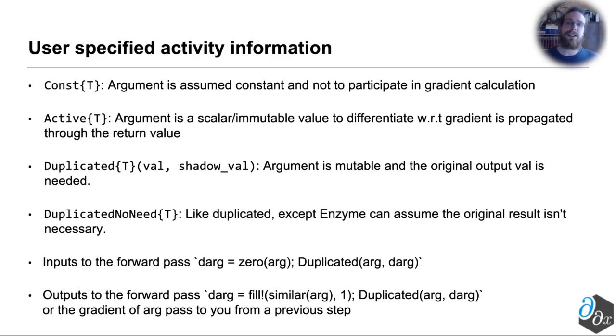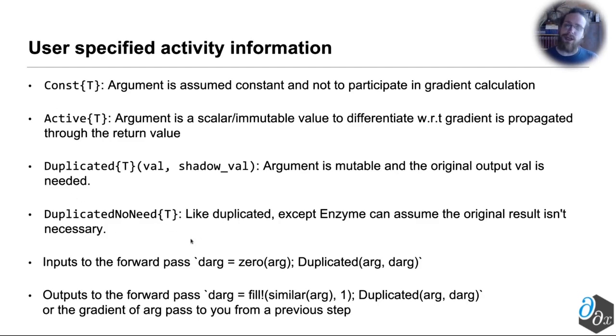So Const means that the argument is assumed to be constant and will not participate in gradient calculation. Active are scalar or immutable values that we want to differentiate with regards to, and the gradient is propagated through the return value. Duplicated are mutable arguments, so arrays or mutable structs, and they take a second argument, which is the shadow of that argument.